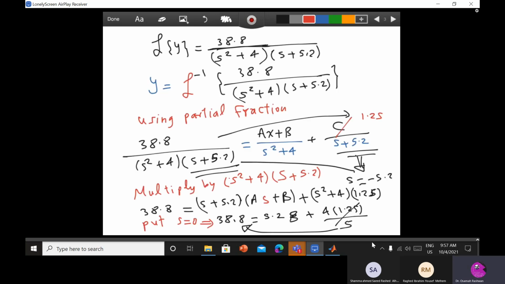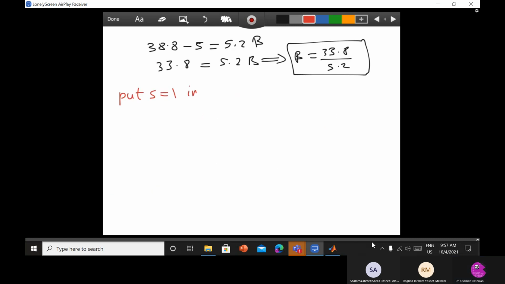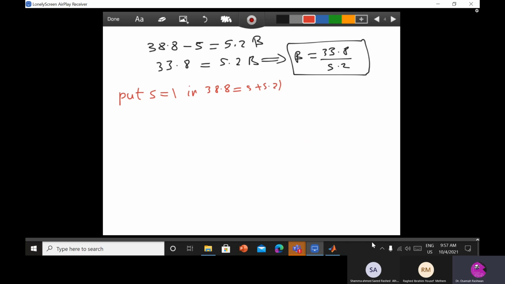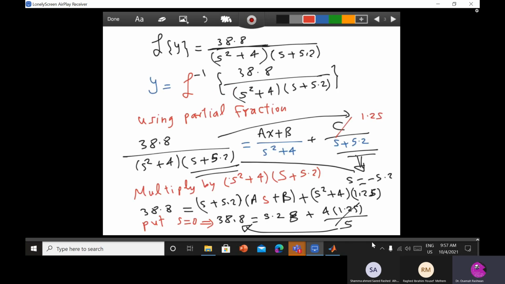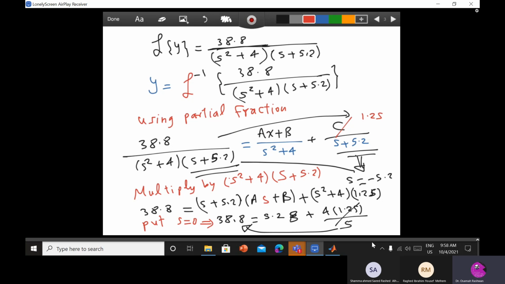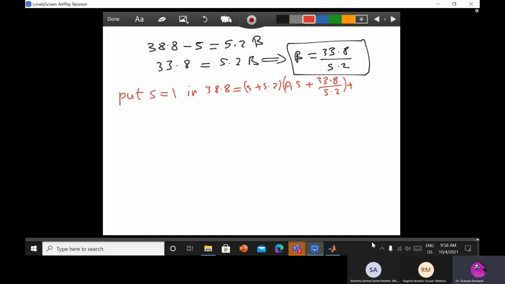I'm just writing it for you again. 38.8 equal to S plus 5.2 times AS plus B. AS and B equal to what? 33.8 over 5.2 plus S squared plus 4 times 1.25.